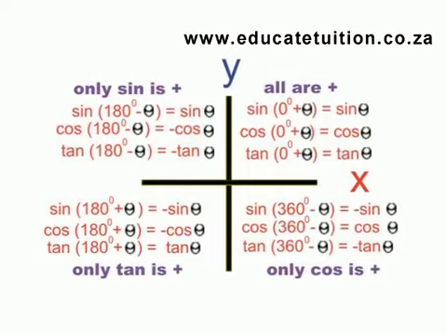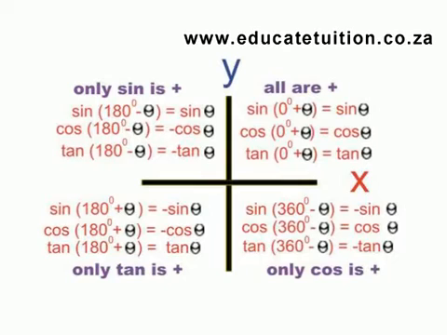The next angle we're going to look at is 180 degrees. Sine of 180 degrees minus theta is equal to sine of theta. Cos of 180 degrees minus theta is going to equal negative cos theta. Keep this one in mind.